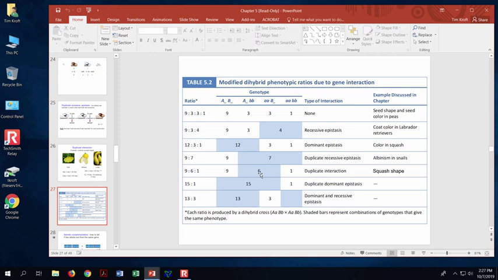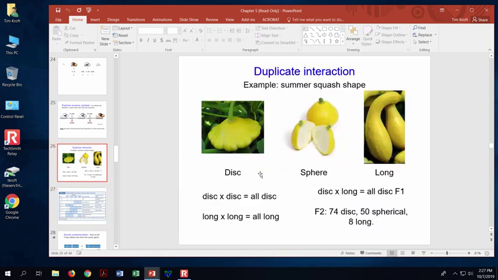It would be incomplete dominance if there was only one gene involved. So in that case, if you're big A big A, you're the flat. If you're big A little a, you're the disc shaped here. You're little a little a, you're this.